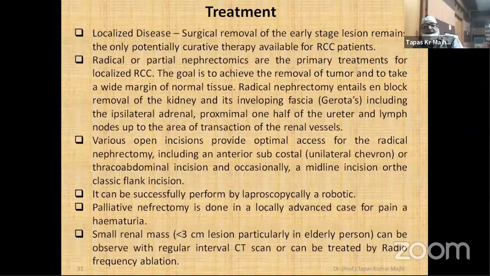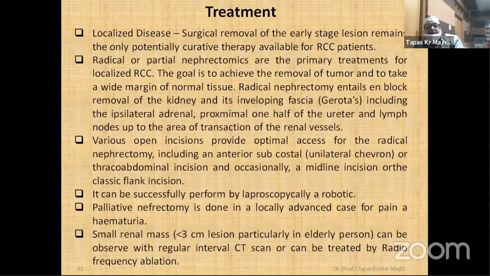When disease is localized to the kidney, surgical removal of early stage lesions remains the only potentially curative therapy available for RCC. Radical or partial nephrectomy are the primary treatment for localized disease. The goal is to achieve removal of the tumor and to excise a wide margin of normal tissue.